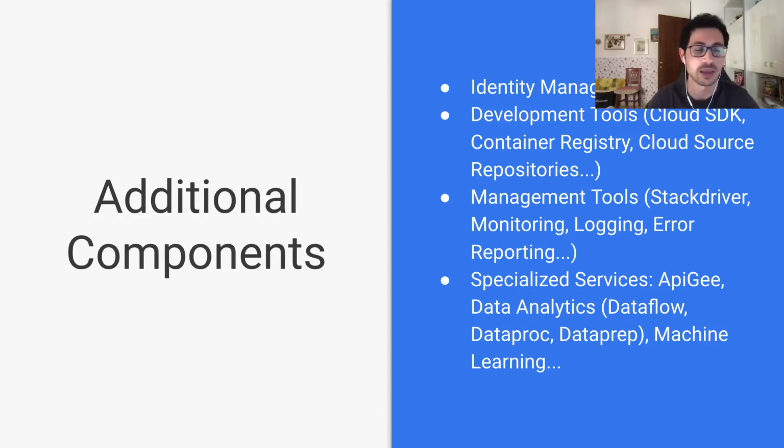So the first one is APIG. APIG is again a service that can be useful if you are providing an API, because it allows you to handle, without having to configure it too much by yourself, stuff like authentication. For example, thanks to APIG you could give OAuth 2.0 authentication, or also handle load balancing in a much easier way.